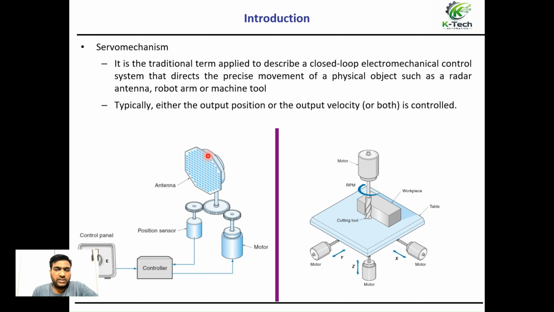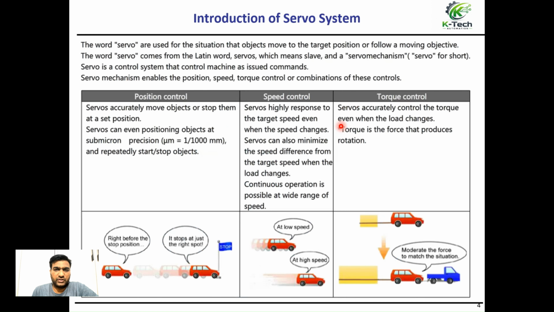A servo motor has a special function, so do not compare it too much with a VFD, because some VFDs have their own functions. Either output positioning or output velocity is controlled, not position and velocity together, but we can also control the torque. So this is the definition.